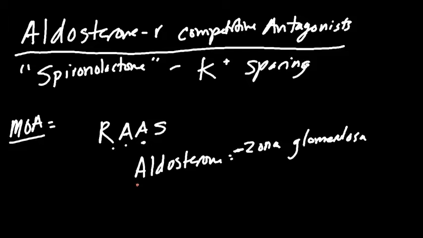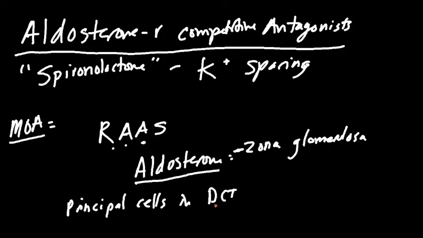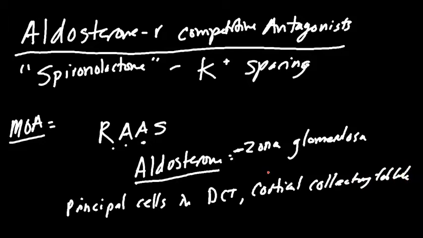So we've got the aldosterone production. Now, aldosterone is going to primarily affect the principal cells in your distal convoluted tubule, but mostly in your cortical collecting tubule, and also your collecting duct to a lesser extent.